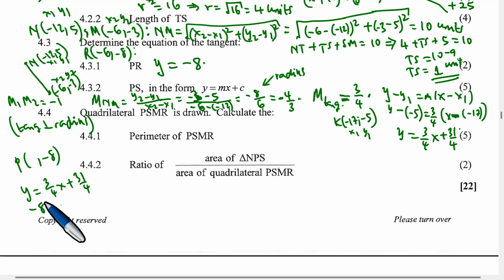Y is already -8, which is equal to 3x out of 4 plus 31 out of 4. You solve everything: 4 by 8 is -32, -32 minus 31 is -63. So x becomes -21.